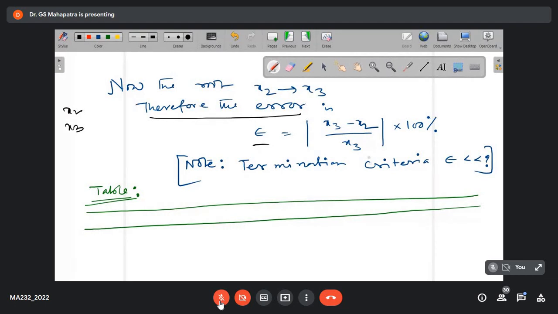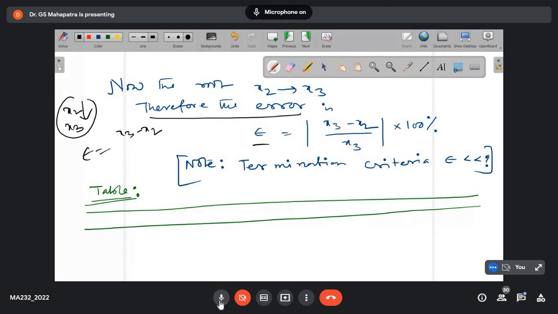Can anyone answer what type of error this one is, percentage error or absolute error? Before this, just tell me what is epsilon equals x3 minus x2.